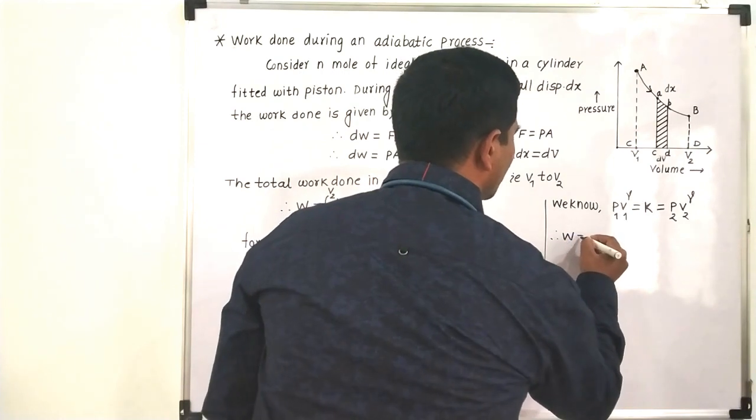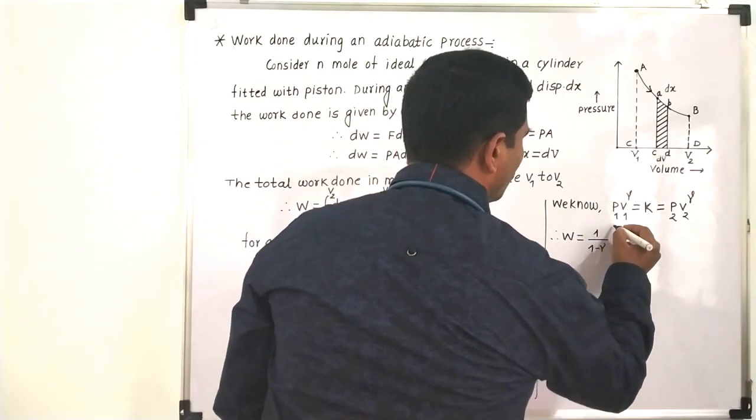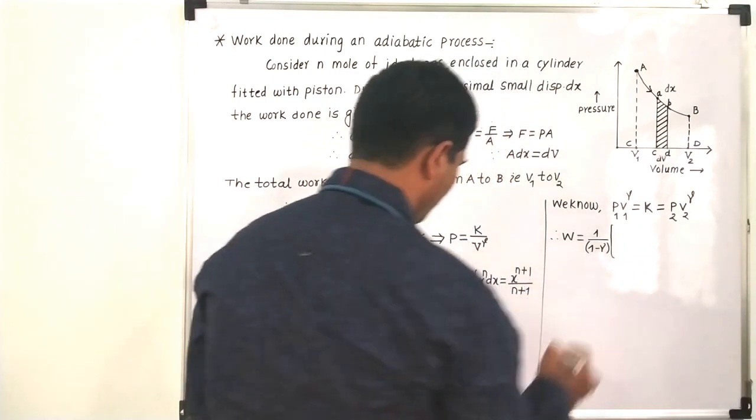If I substitute this value in the equation, I can write W is equal to 1 upon 1 minus gamma, in bracket.